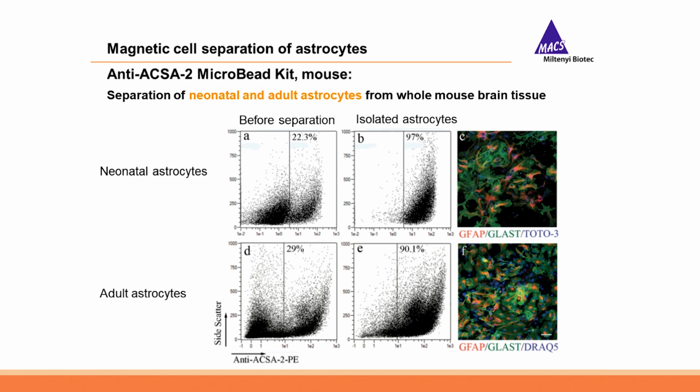And in the lower row, an example for a separation of adult astrocytes, which were enriched from 30 to 90%. And you can cultivate neonatal as well as adult astrocytes, that's shown in pictures C and F here. And you get nice cultures, and we stained for GFAP and GLAST, and you see that we have here a nice layer of GFAP and GLAST double positive cells.